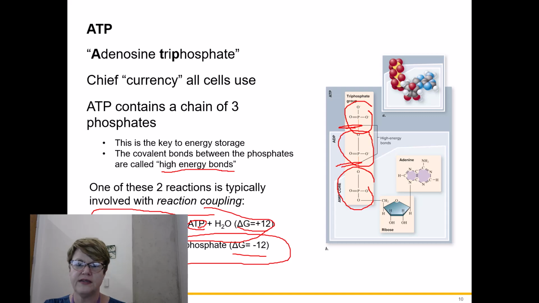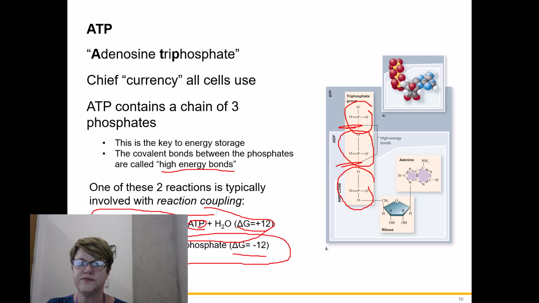So by taking ADP plus phosphate and joining them together, that molecule then holds 12 units of energy, and when that phosphate is broken off, it releases 12 units of energy. And so for that reason, we say that ATP is the currency of the cell in terms of its energy. It's holding energy and then releasing energy on demand.